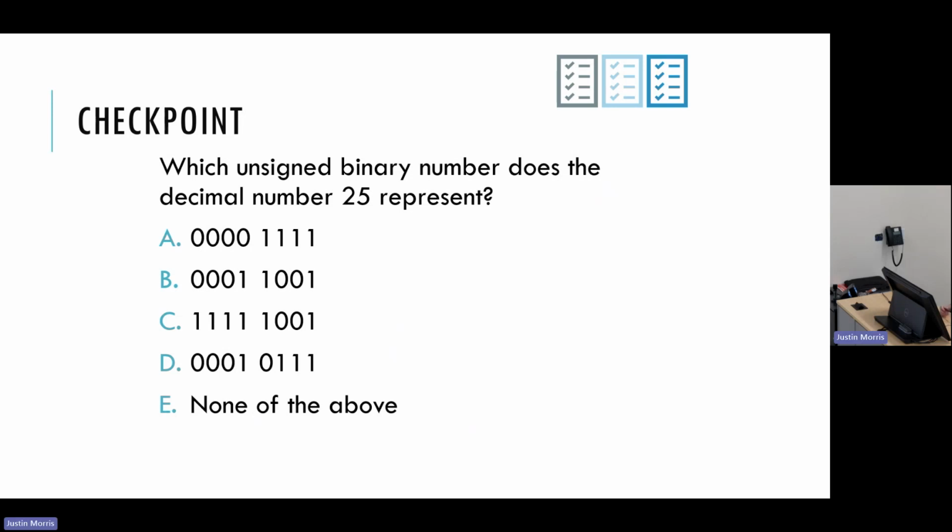So do answer the poll, but I think we can just do this all as someone volunteering. So anyone want to walk through how they're going to do this to get 25 in binary?